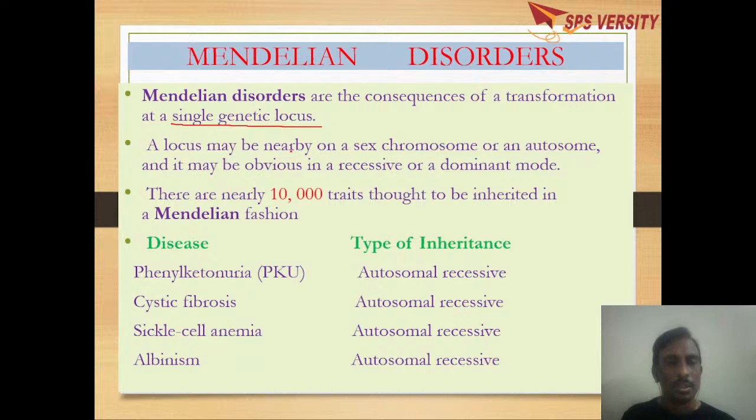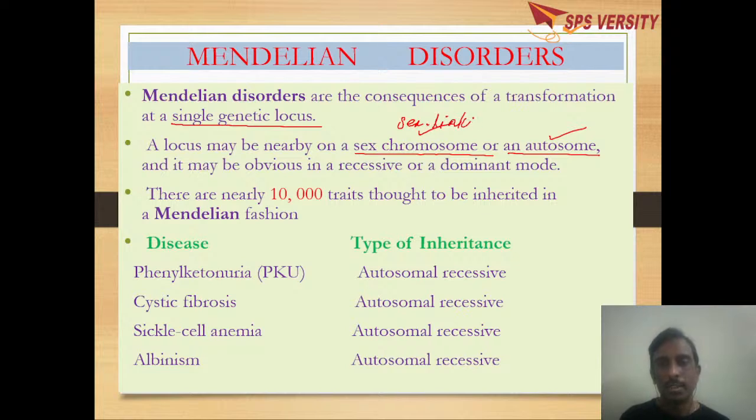This gene may be on a sex chromosome or it may be on an autosome. Whatever gene is controlling the specific trait, it may be present on a sex chromosome or on an autosome. If it is present on a sex chromosome, it is called sex linked.